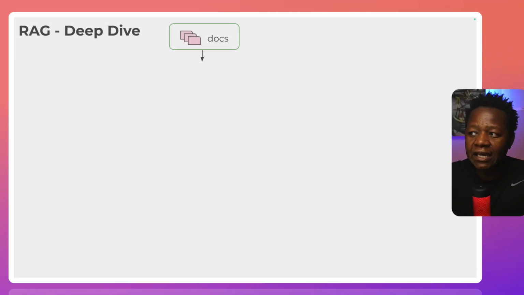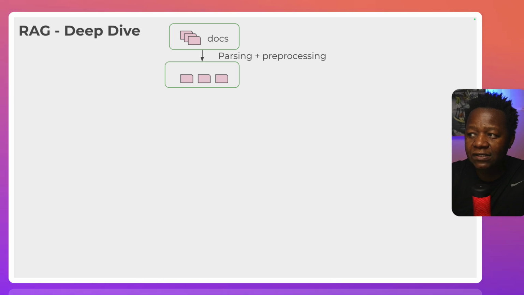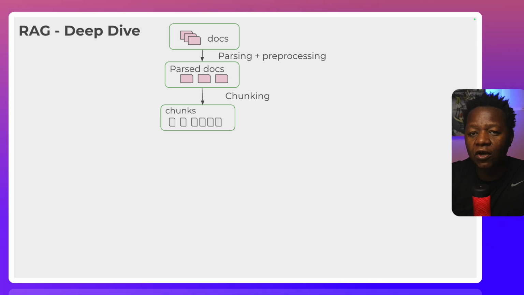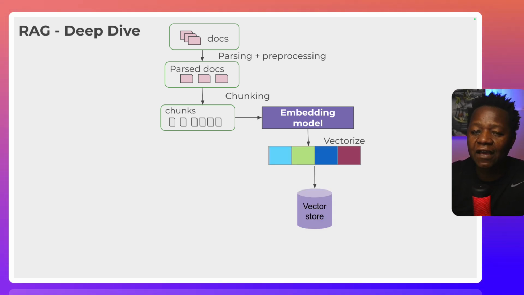What that means is that we would have documents coming in. We go through this parsing and pre-processing, and these parsed documents are then chunked into smaller pieces, which are then passed through an embedding model. That could be any model that is able to create those embeddings, which are then vectorized and added into a vector database.